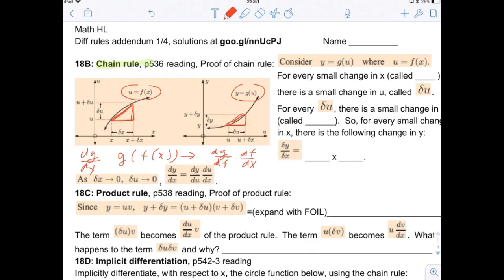For the first function, we have x as the independent variable and u as the dependent variable. So we make a slope that is delta u. This is the lowercase Greek letter delta.